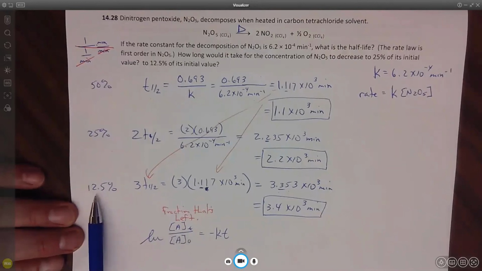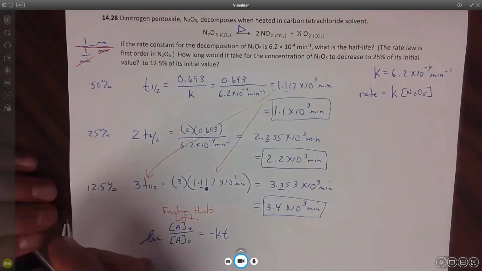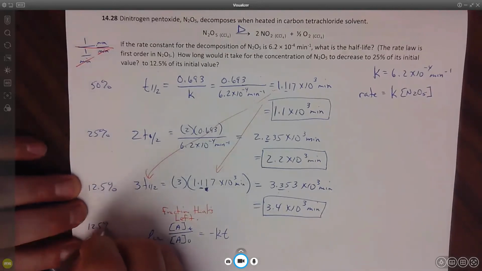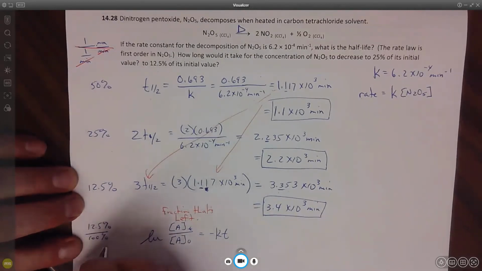How do I convert that to a fraction, the 12.5? You could divide it by 100%. Yeah, right. If I just take the 12.5%, divide it by 100%, the percents cancel, and we're going to get 0.125.